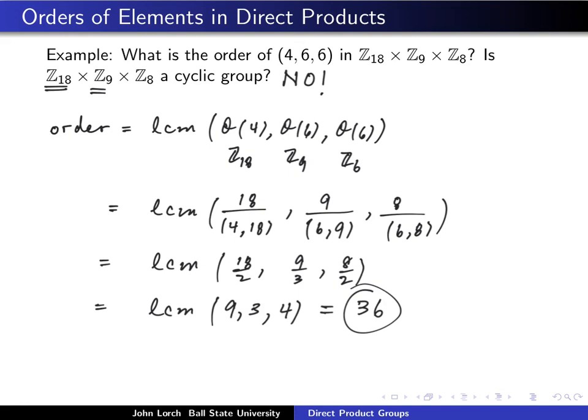So that's a lot easier and simpler than taking the element 4, 6, 6 and repeatedly applying it to itself until we get the identity.